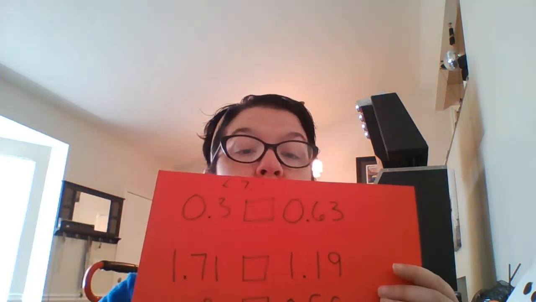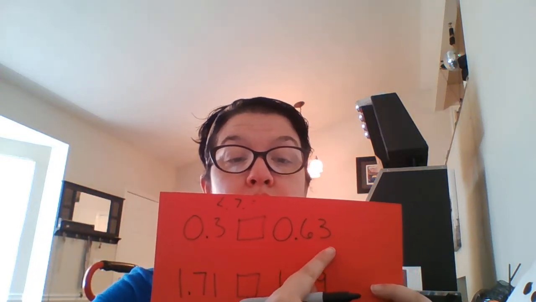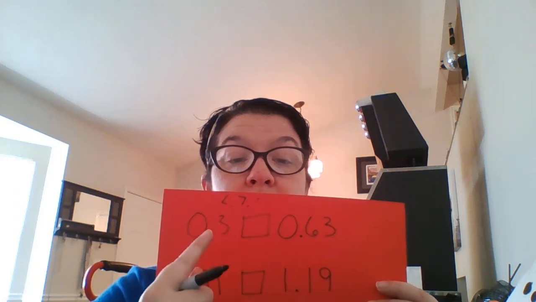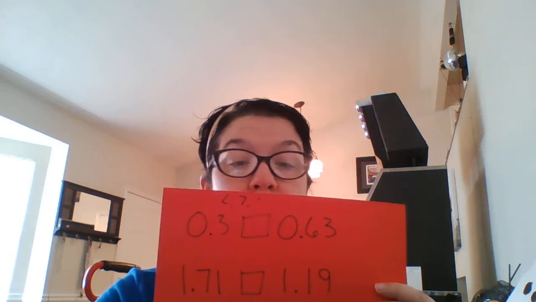Now, the first thing you need to know about comparing decimals, just like when you are adding or subtracting them, or doing anything like that with tenths and hundredths, is to make sure they have the same number of spots after the decimal. Okay? So this one only has 1 spot after, this one has 2 spots after. With a decimal, you can add as many zeros after the decimal as you want. It will not change anything.